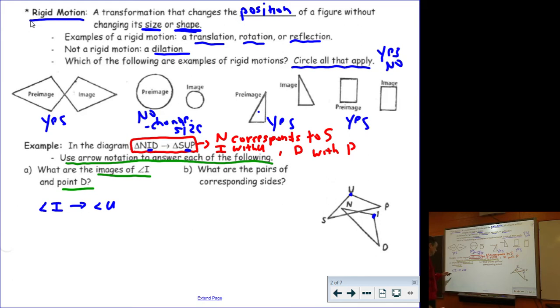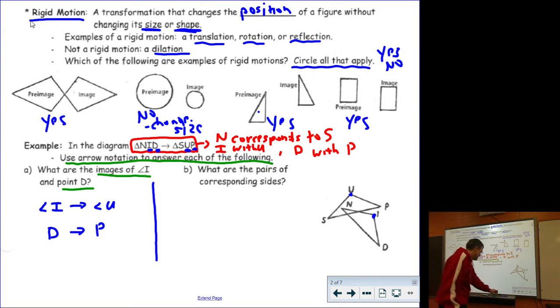And I also know that point D maps onto point P. And again, I can tell that from the diagram, or from the names up here. D is the third letter, and P is the third letter. They must correspond to each other.